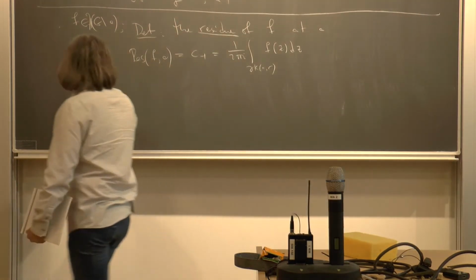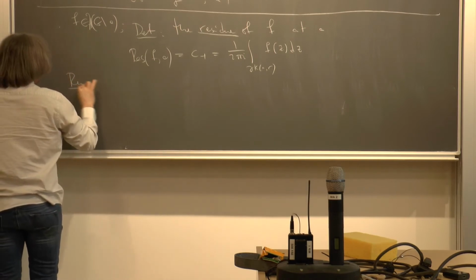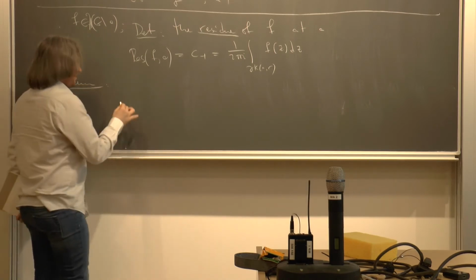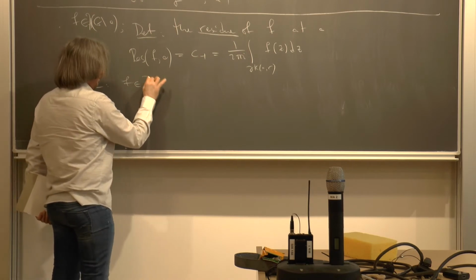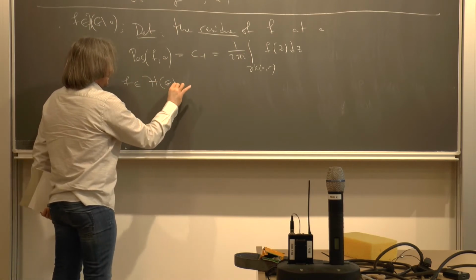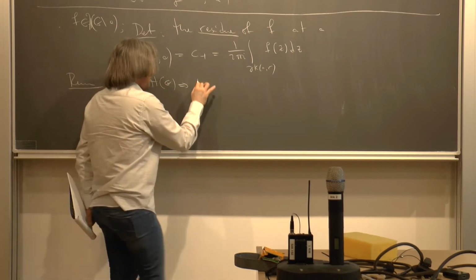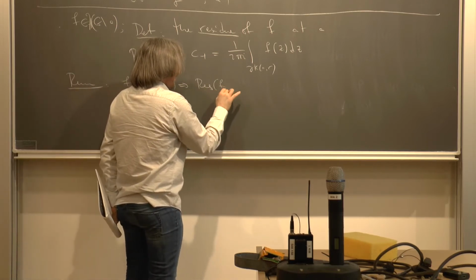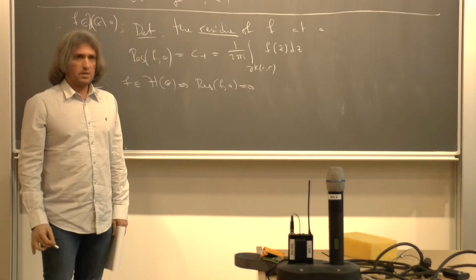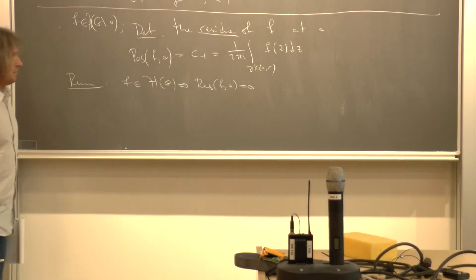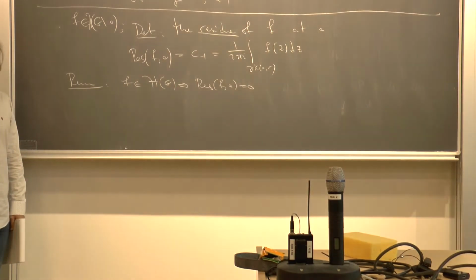Remarks. If f is holomorphic in the whole G, then of course the residue is 0. So a removable singularity in particular means that the residue is 0. But it's not if and only if.